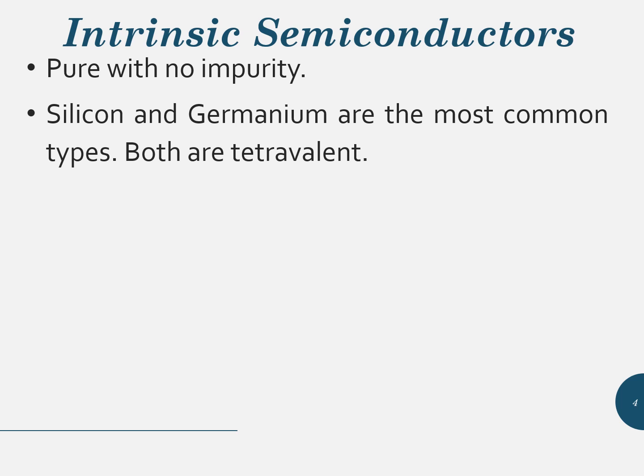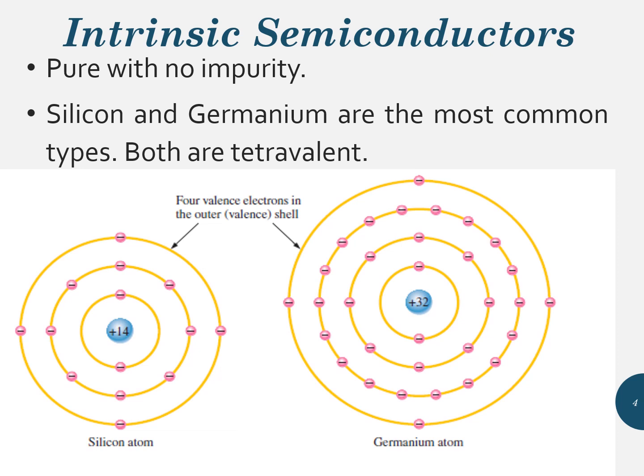It means they have 4 valence electrons in their valence shell. Now, look at this figure. The valence electrons in germanium are in the 4th shell, while the valence electrons in silicon are in the 3rd shell, that is, closer to the nucleus.